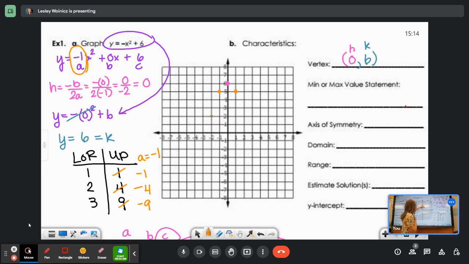Okay? So this is just our regular parent pattern, except it's flipped upside down. It's not stretched or compressed. This is only reflected and shifted up 2 units.